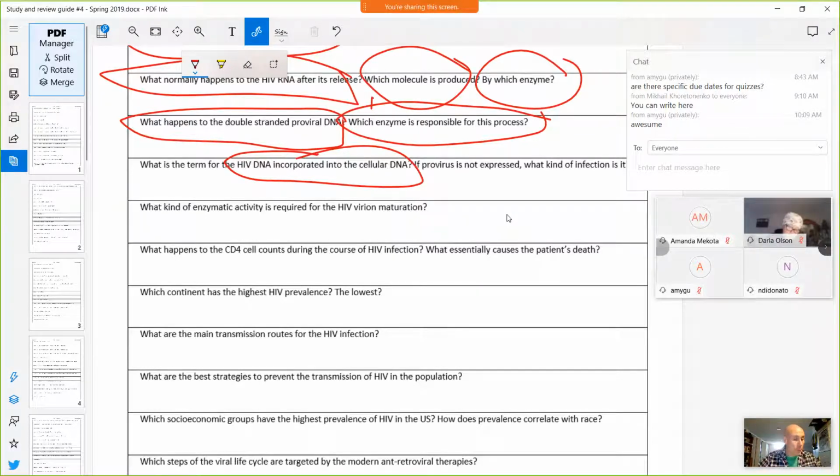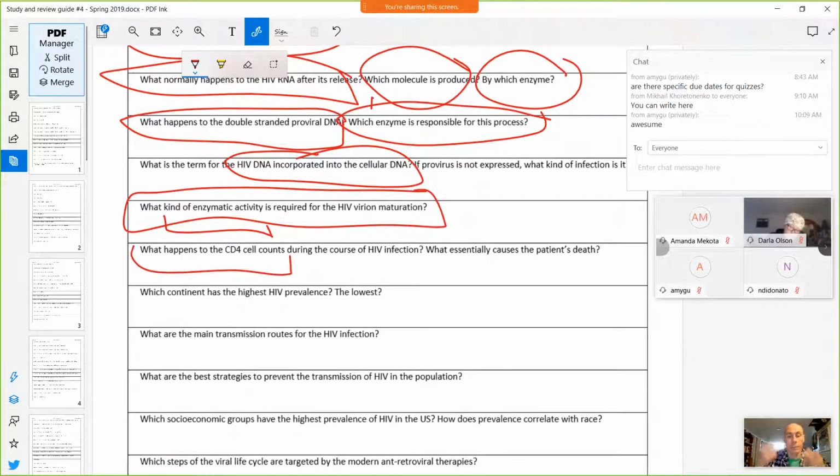RNA is packaged into the virion, but the virion requires proteolytic processing, so protease activity is required for HIV virion maturation. During the course of HIV infection, CD4 cell counts drop, the patient has no immunity, and a bunch of secondary infections lead to the patient's death.